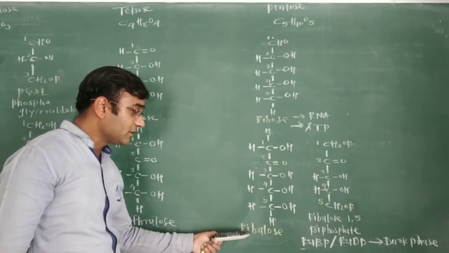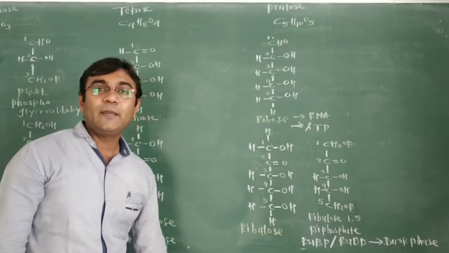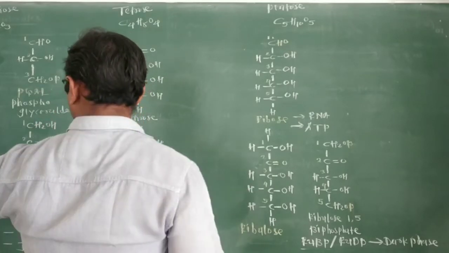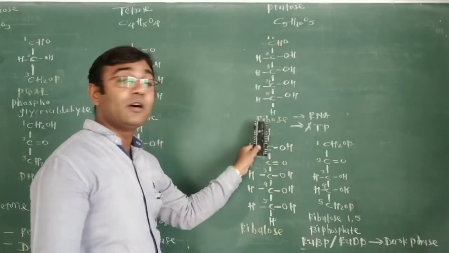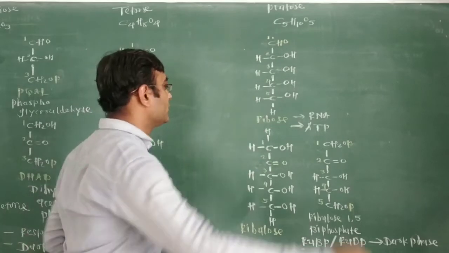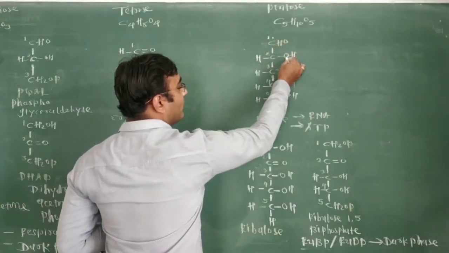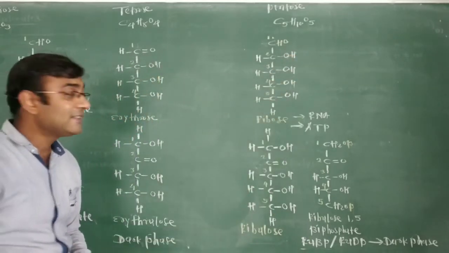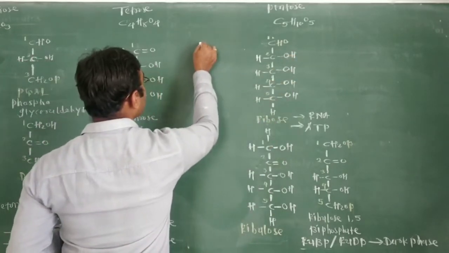So ribulose as well as RUDP or BP are examples of ketopentose, and ribose is the example of aldopentose. In ribose sugar, if oxygen is missing at the second carbon, we can say deoxyribose.